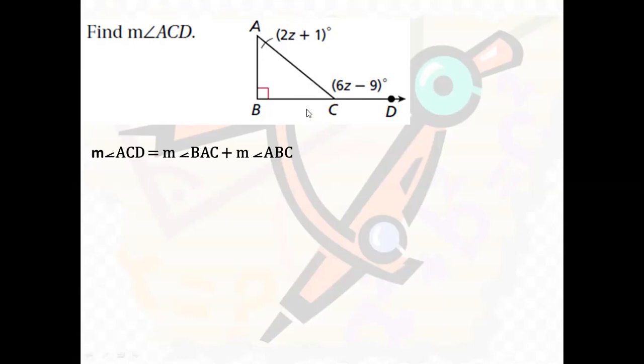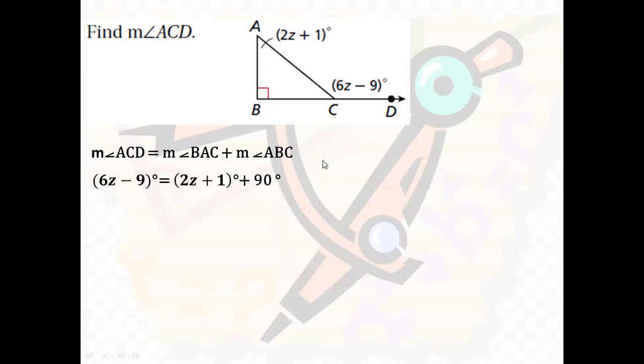According to that, angle ACD, the exterior angle, is equal to angle BAC plus angle ABC. Or easily you could say angle C is equal to angle A plus angle B. It's easier that way, but the first is the correct way of writing it. I'm saying angle C is equal to angle A plus angle B, because angle C is exterior, and angle A and B are remote interior angles.